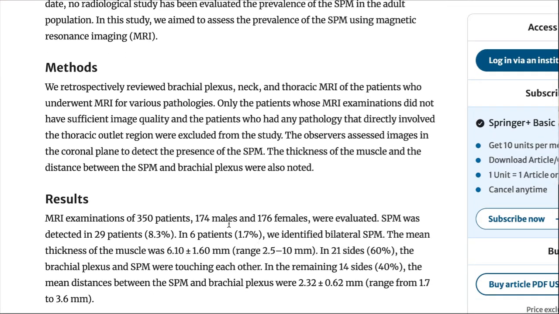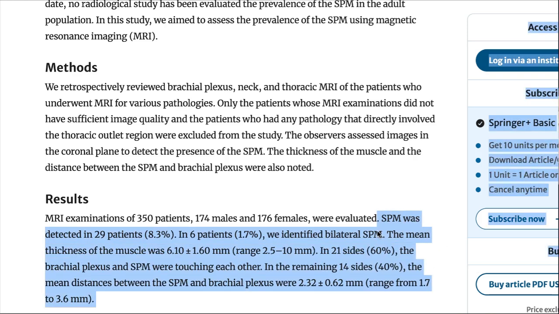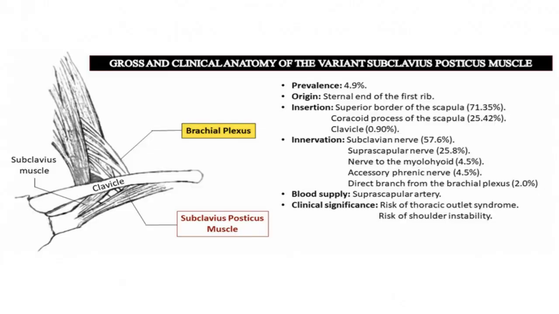We've got a 2023 study from Clinical Anatomy in which subclavius posticus was noted in approximately 8% of cadaveric samples, highlighting that while uncommon, it's far from irrelevant. Another study in the International Journal of Morphology emphasized the potential for this variant to compress the lower trunk of the brachial plexus, so mimicking that thoracic outlet syndrome for sure.